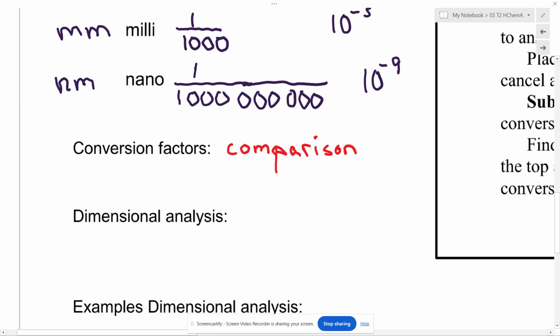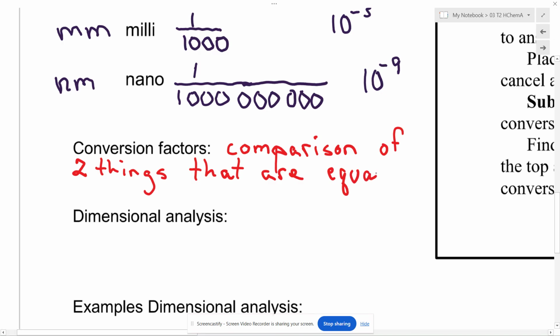Did I spell comparison correctly? Comparison of two things that are equal. Now, what do I mean? Well, let me write it here. Are equal. Now, let's think about some things that are common that you know about that are equal.